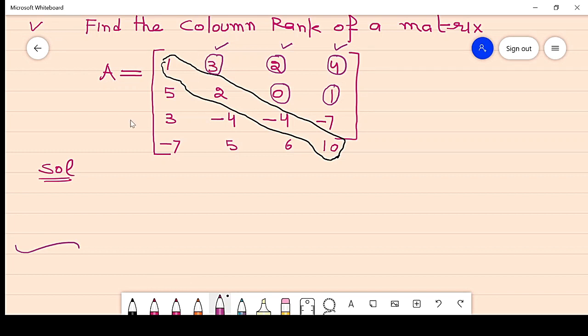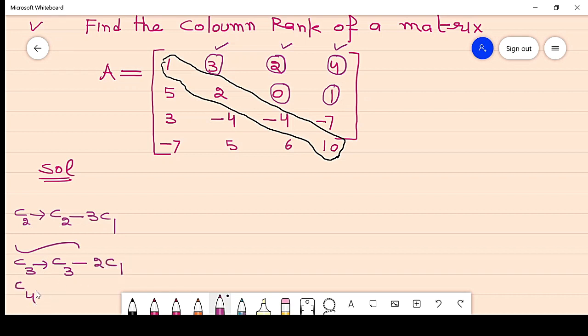To make them 0, I operate C2, which is C2 minus 3C1. Similarly, C3 is C3 minus 2C1.